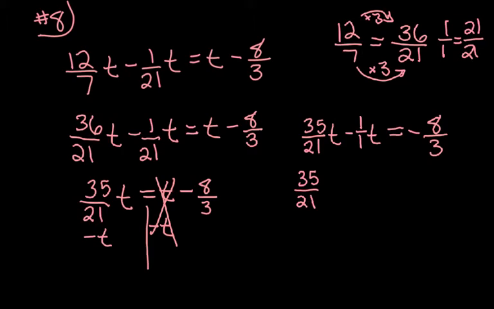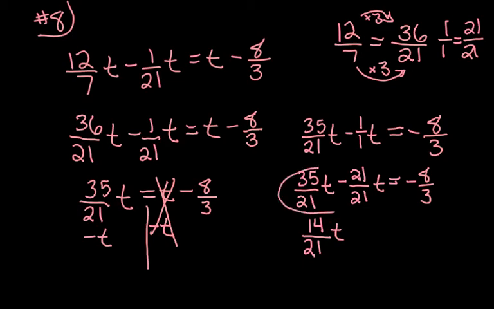So now I have 35/21t minus 21/21t equals -8/3. Now 35 minus 21 would be 14/21t. Just by doing this subtraction right here, that's how I got that, equals -8/3.